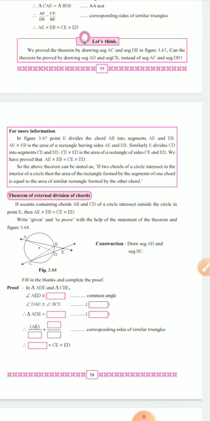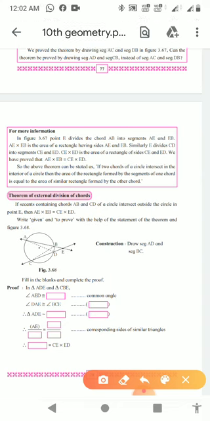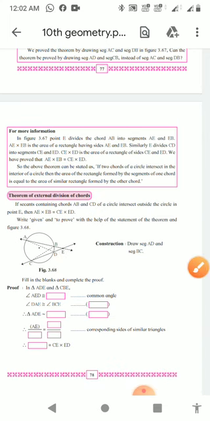It means the secants containing the two chords, chord AB and chord CD, intersect outside the circle at point E. That is the main difference. Then we can write AE into EB equal to CE into ED.